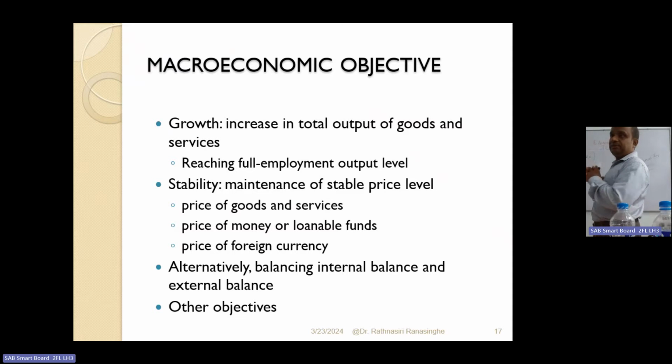In order to achieve these objectives, we need to manage the macro variables. Like we mentioned earlier, we manage the macro variables using macroeconomic policies, sometimes single policies, sometimes a mix of policies. When you talk about monetary policy, there is a monetary policy transmission mechanism.